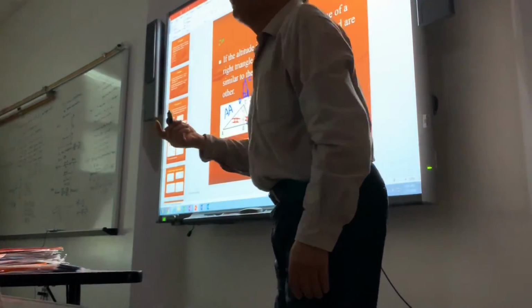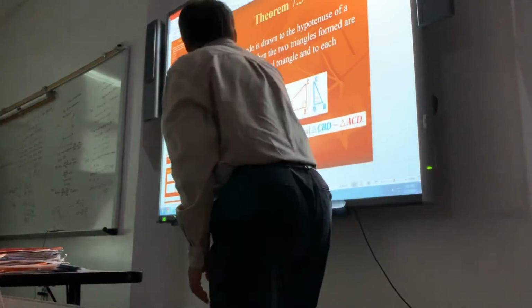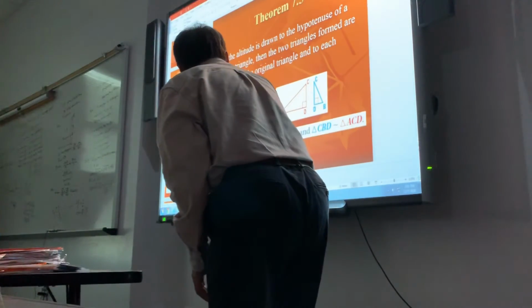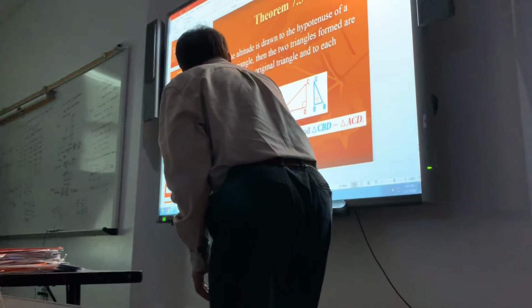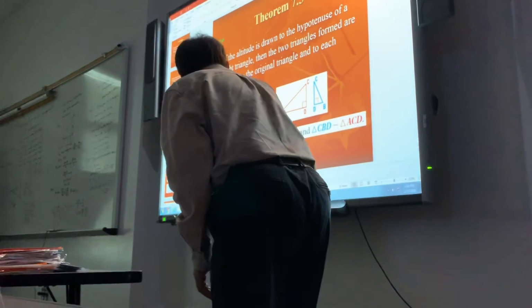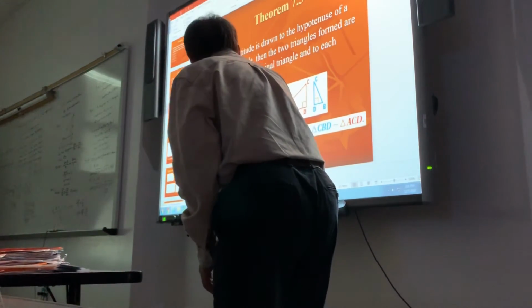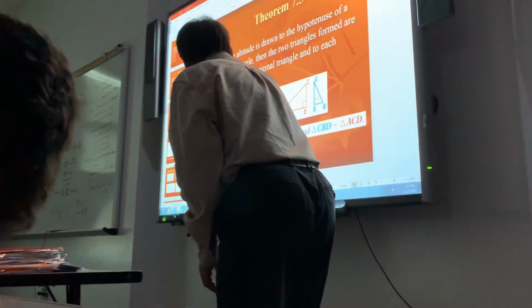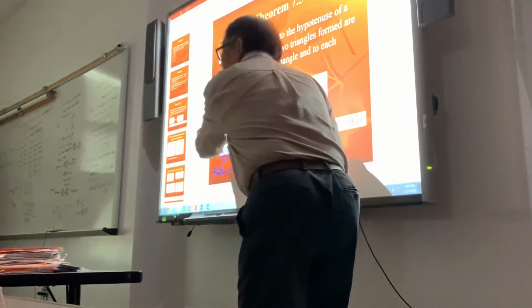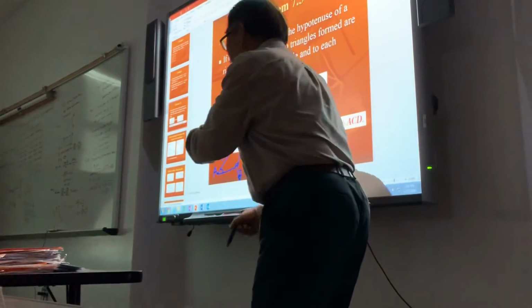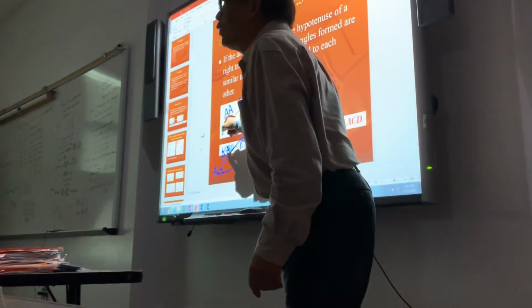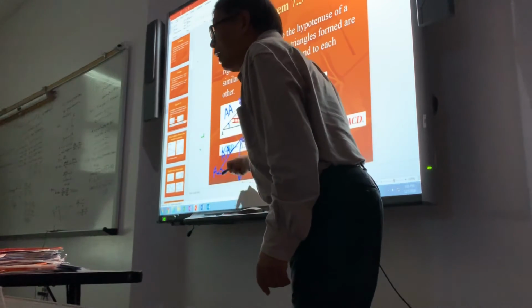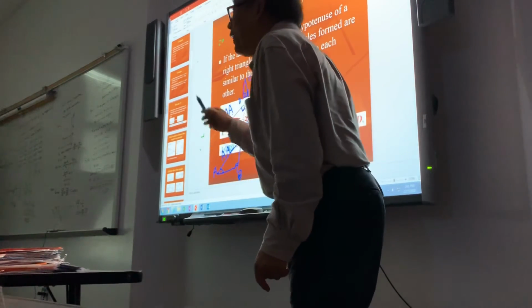Second, this triangle I copy here: CDA. Right angle, right angle, and angle A. By AA, the second triangle is also similar to the original. The smallest is similar to the original, and the bigger one is also similar to the original, by what?